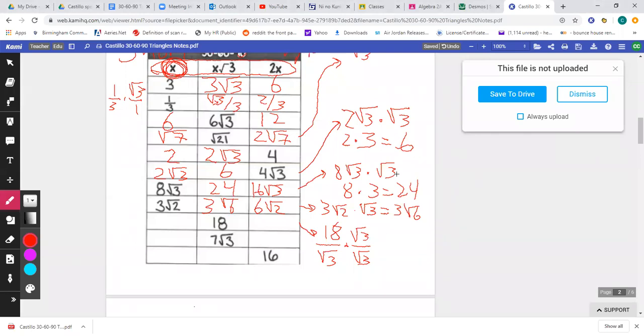So this time, if it's root 3 on the bottom, we multiply by root 3 and root 3. So the top becomes 18 root 3, and the bottom becomes 3 times 3, and that's 3. So 18 root 3 divided by 3, 18 divided by 3 is 6. So this would be 6 root 3. And then you just double that.